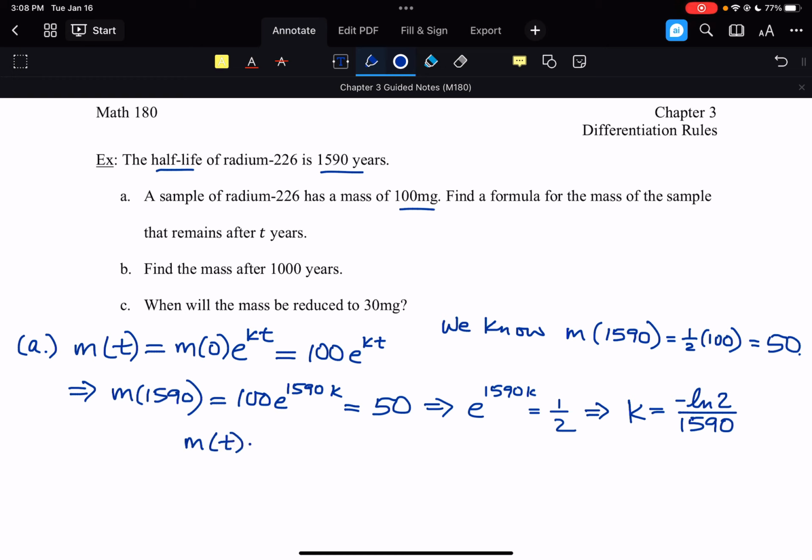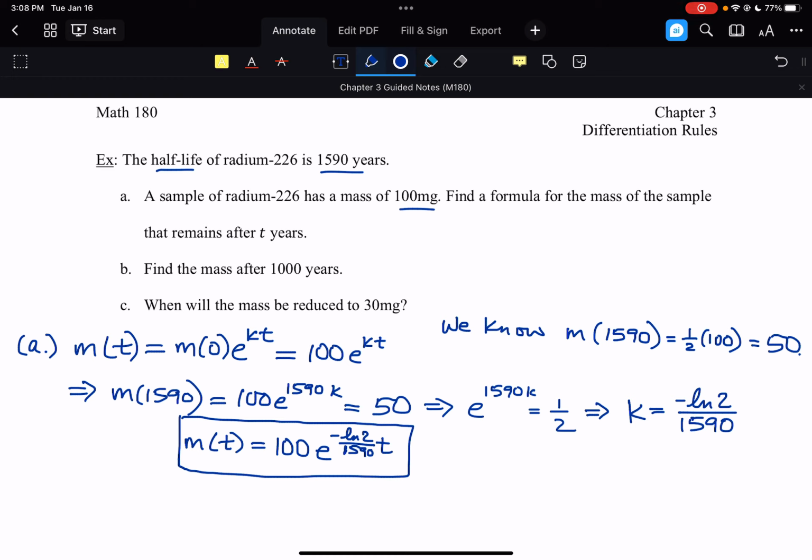So M of t is going to be 100 e to the negative ln of 2 over 1590 times t. This would be our general formula for the mass of the sample that remains after t years.